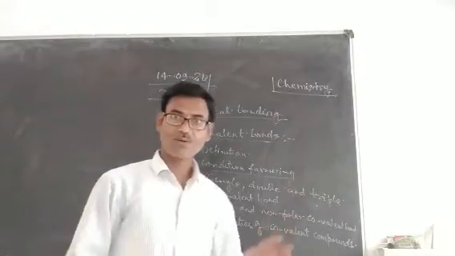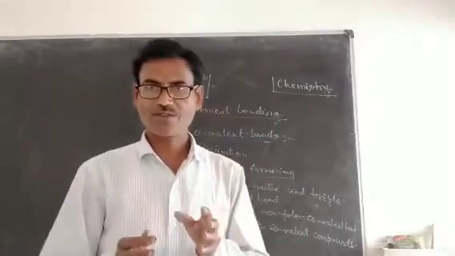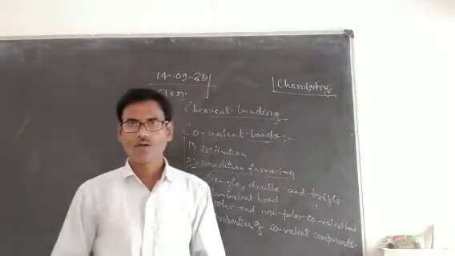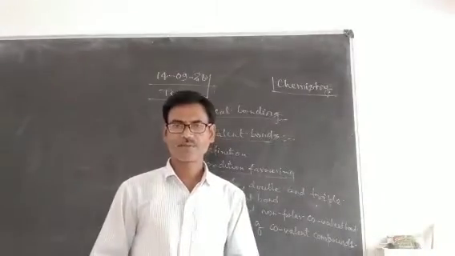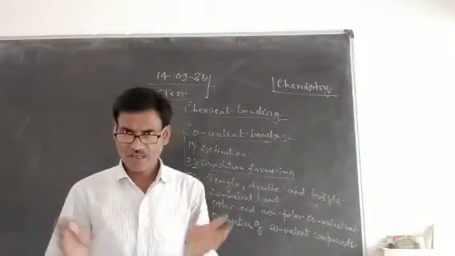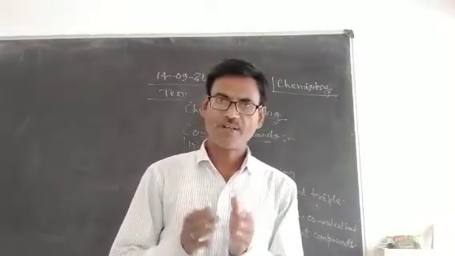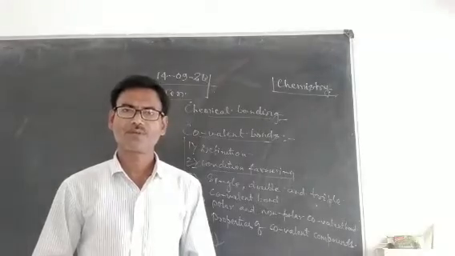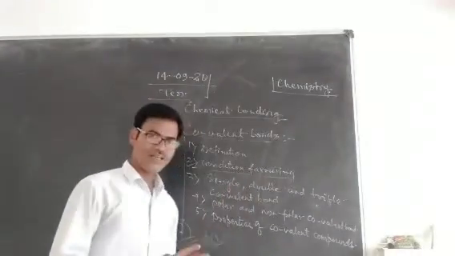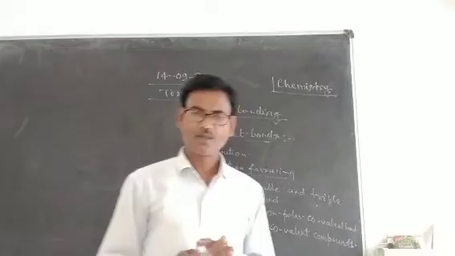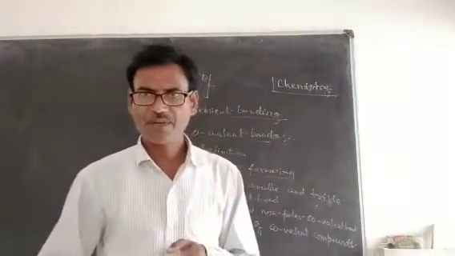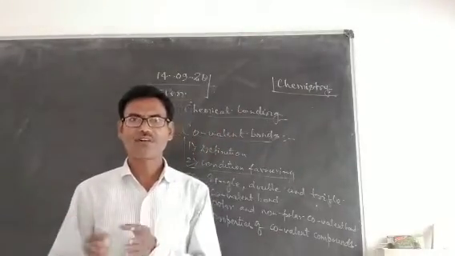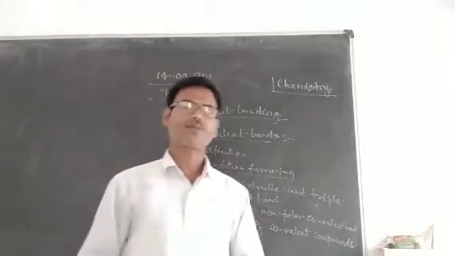When the atoms involved in bonding are of different elements which have a slight difference of electronegativity, then also a covalent bond is formed. So the first condition is that a covalent bond is formed between atoms of the same element or atoms of different elements having little difference of electronegativity.